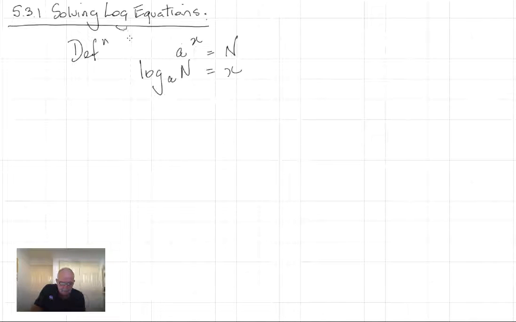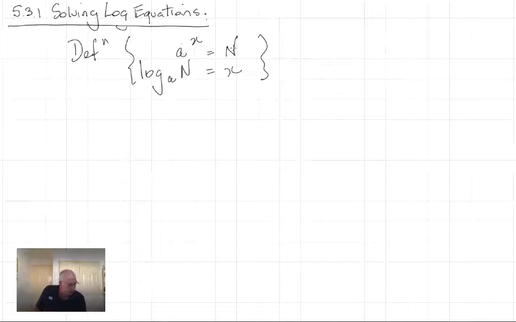That's the algebraic definition. If a to the x equals n, then the log of n to base a is x. In other words, the log is the power you must raise a to get the number n. Here we raise a to the power of x and we get n.